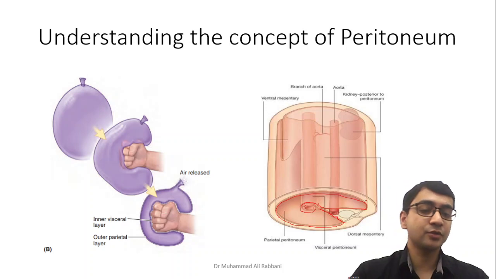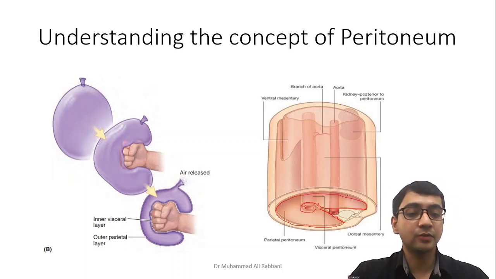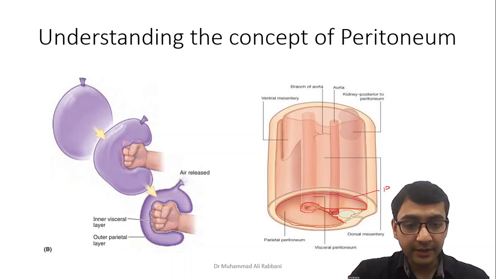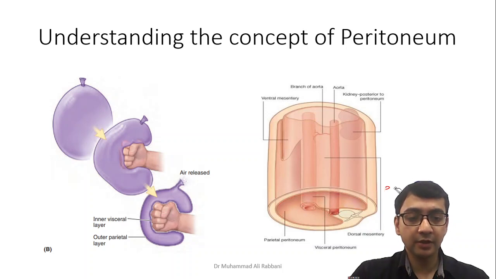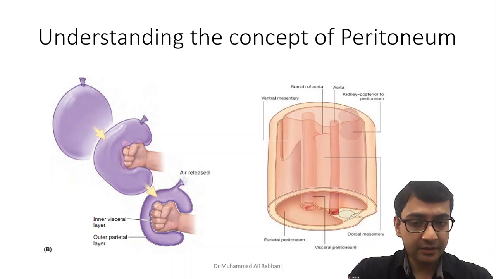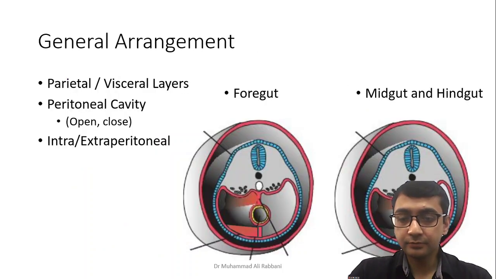It lines the posterior body wall, laterally and anteriorly, and that is known as the parietal layer. So this is the parietal layer, this is the visceral layer, and this is the mesentery between them. So this is the concept of peritoneum: the structures lining the viscera, and the membrane lining the body wall.